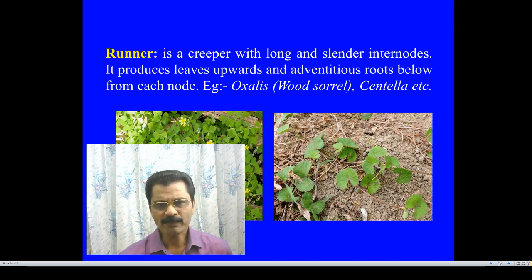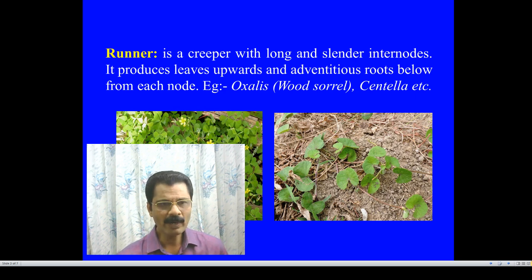So the subsequent branchlets are produced in a linear fashion. See, if you pull this plant here, you can take one or two branchlets along with this. See, the connections of these branchlets are very strong. So this type of weak-stemmed modification is called subaerial stem modification, and this particular case is called runner. Could you follow me? A typical example is oxalis and centella.